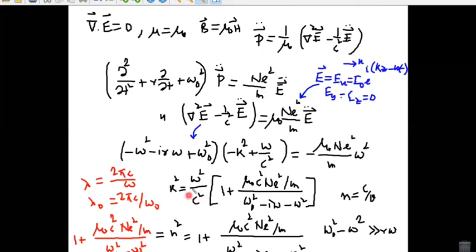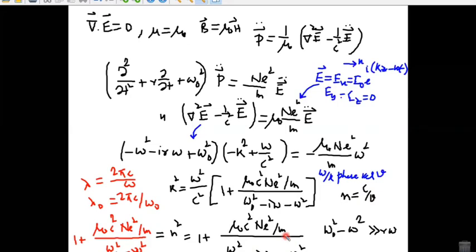Now omega by k is the phase velocity v, and the refractive index n equals c upon v, the speed of light in vacuum over the phase velocity. So we have the dependence of the refractive index on frequency: n square equals 1 plus mu naught c square N e square over m times 1 over omega naught square minus i R omega minus omega square.